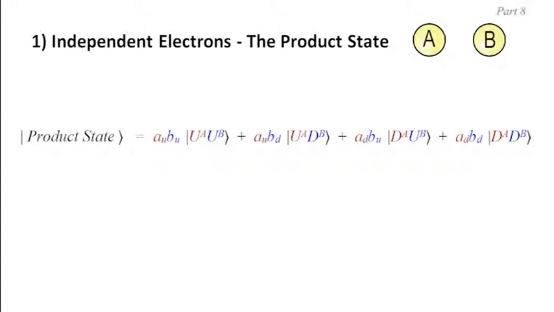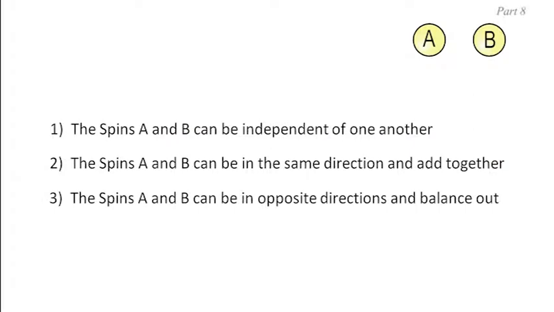The electrons are entirely independent of each other. So that's the first of the three situations that I wanted at least to mention concerning our new four-dimensional Hilbert space of states, namely the situation when the two electrons are entirely independent of one another.